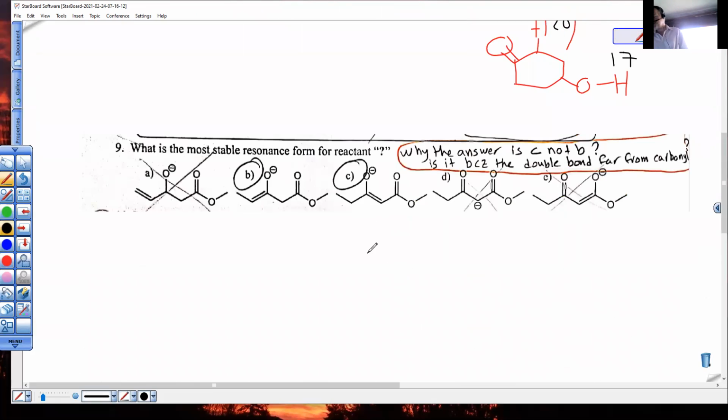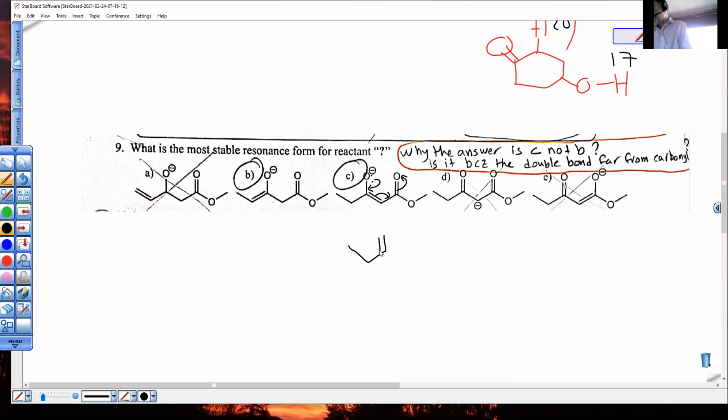And there's more. I kind of grouped her pKa questions over here. Why is the answer C, not B? Well, in this one, take a look at the ability of this molecule to resonate all the way. That's all black. I'm sorry.